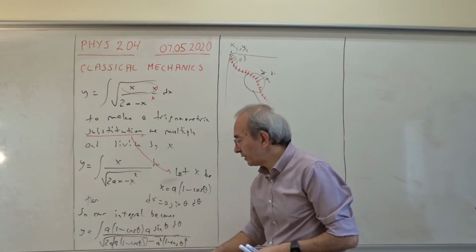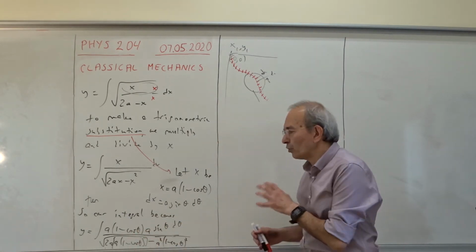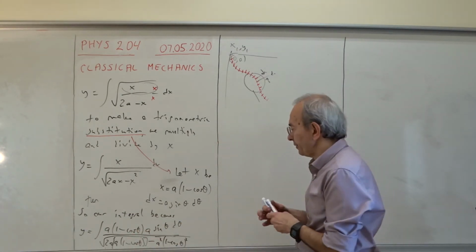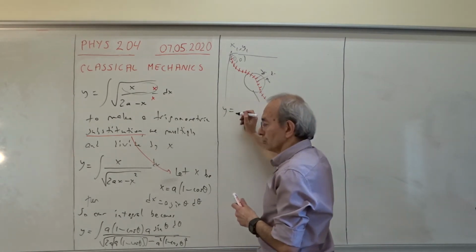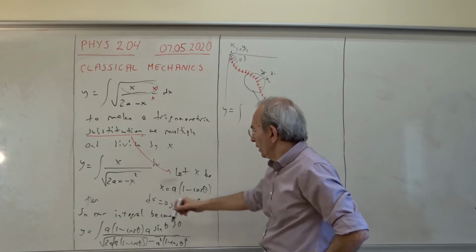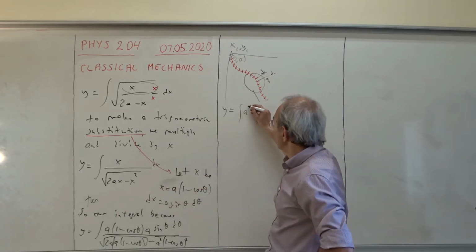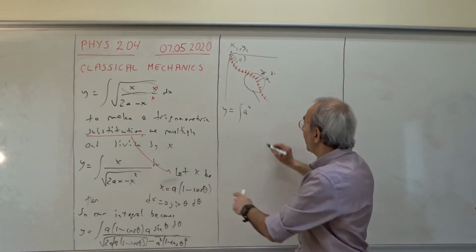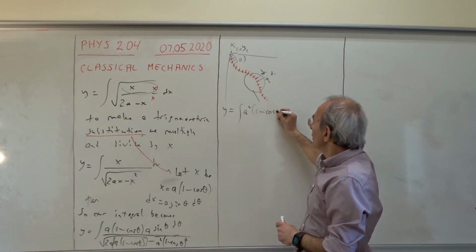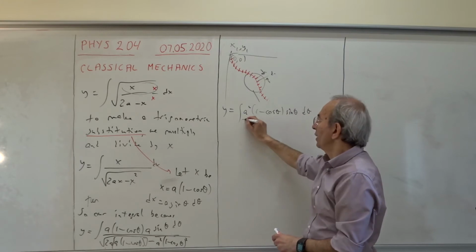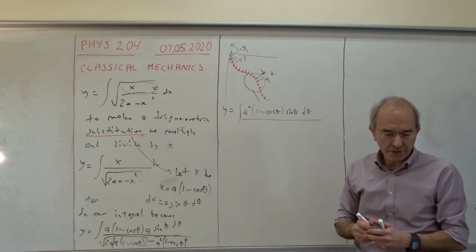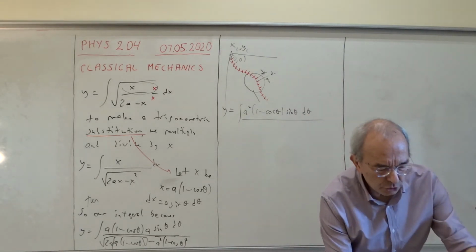First, let me rewrite it, focusing on the denominator. And let y equal the integral. So a times a, we have a squared here in the numerator, times 1 minus cosine theta times sine theta d theta. Relatively easy. What about the denominator?